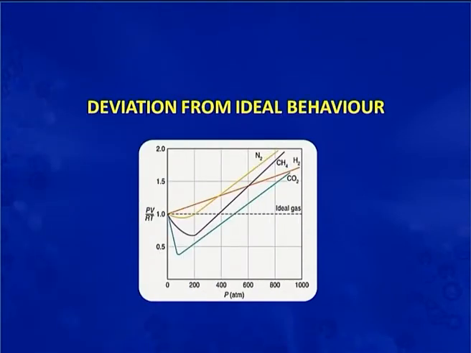It is visible from this graph that at low temperature there is maximum variation. The compressibility factor for real gas is less than 1. At high pressure, the variation is too much, they are showing maximum deviation, and the value of the compressibility factor is greater than unity.